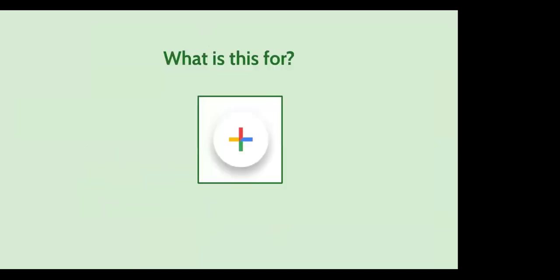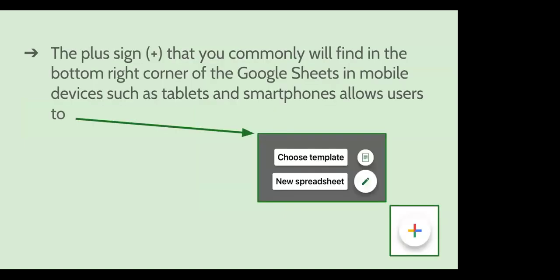Okay, what is this for? Adding a new sheet. Adding a new sheet, yes. I like when you guys participate, yes. So the plus sign, which is normally at the bottom right corner of the Google Sheets, if you are using a mobile device, such as your tablet and a smartphone, allows users to create a new sheet, as Miss Wilda said.